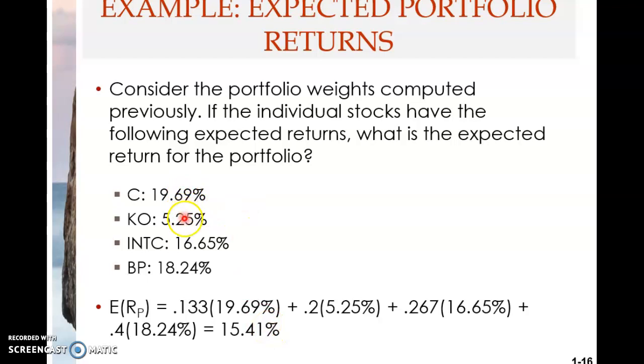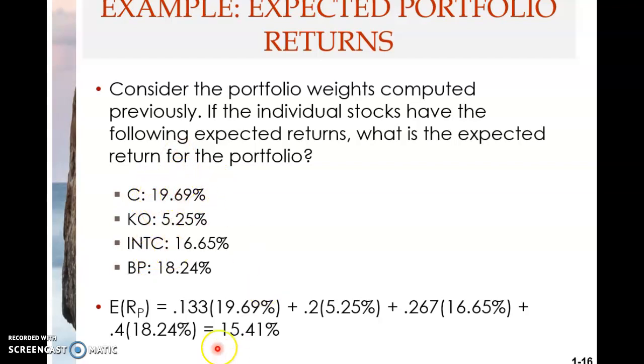If these are the expected returns for the individual stocks in the portfolio, given the portfolio weights for each of the stocks, this will be the expected return for the portfolio. Note again here that the expected return for the portfolio cannot be higher than the highest expected return for the individual stocks here. This is the highest among the four.